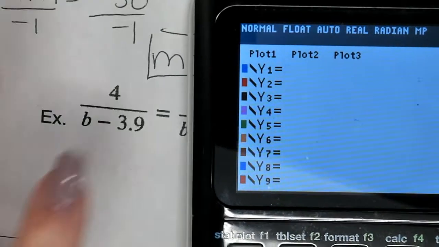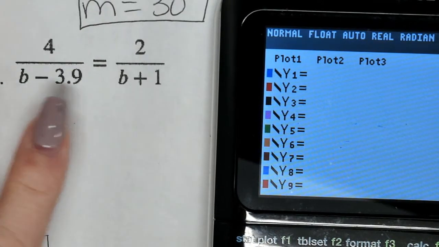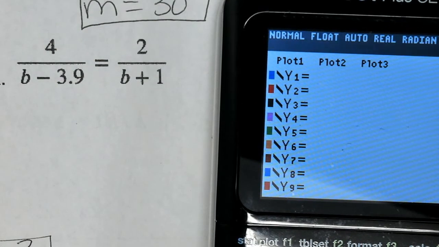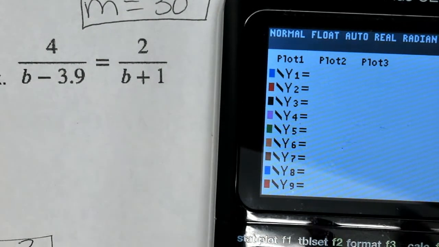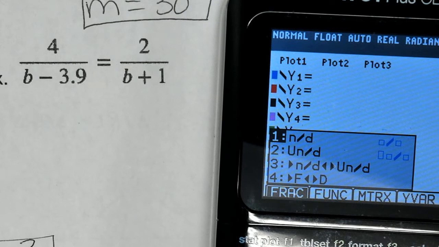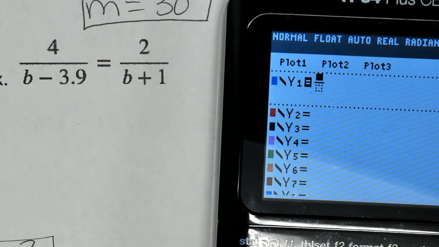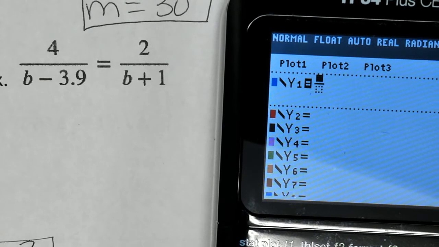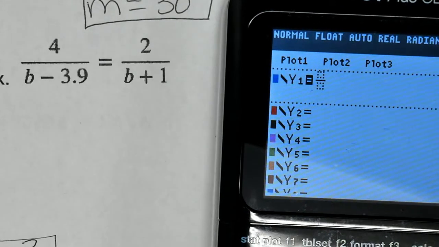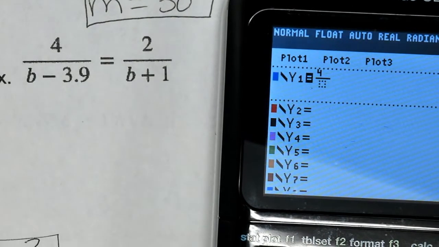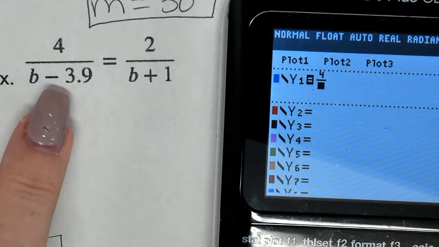All right, so let's go practice putting this in our calculator. Somebody remind me how I'm going to do it. Alpha y equals option 1. Everybody should be putting it in their calculator right now. 4 goes on top. What would I put on the bottom right here?